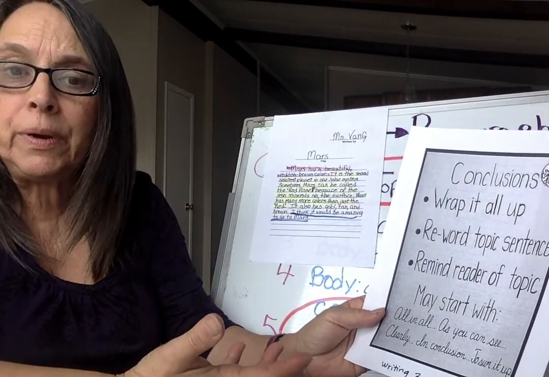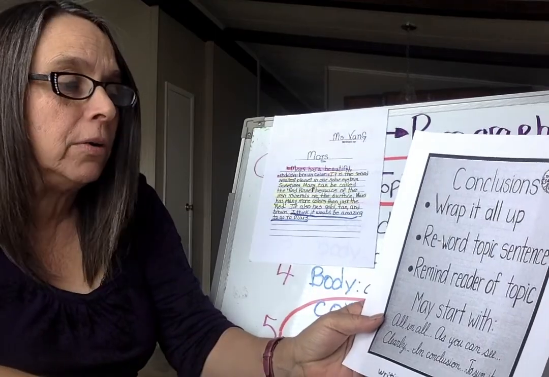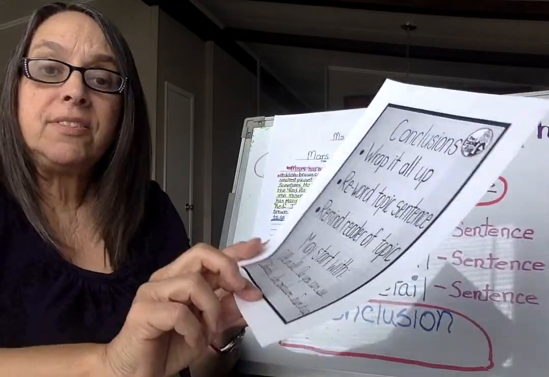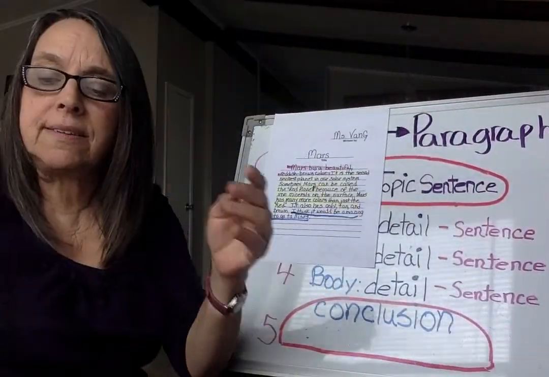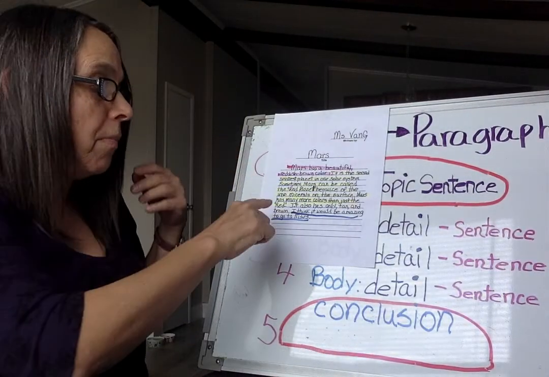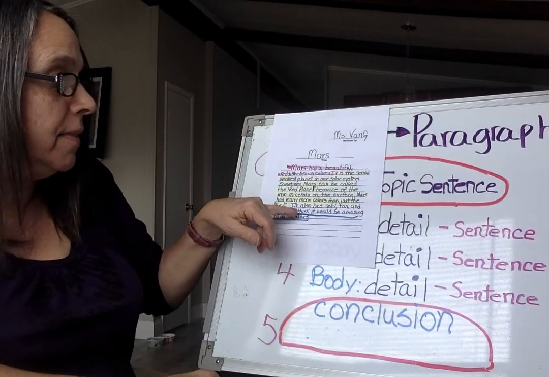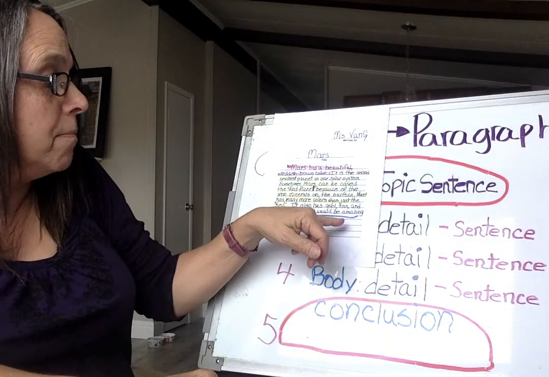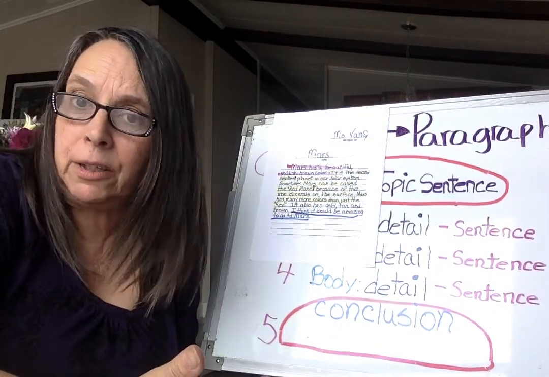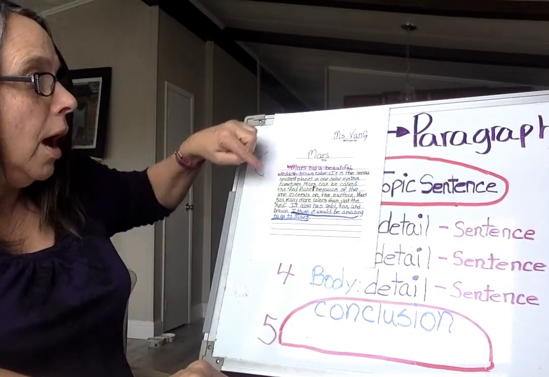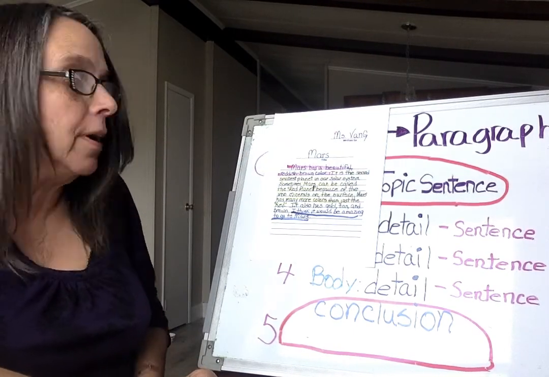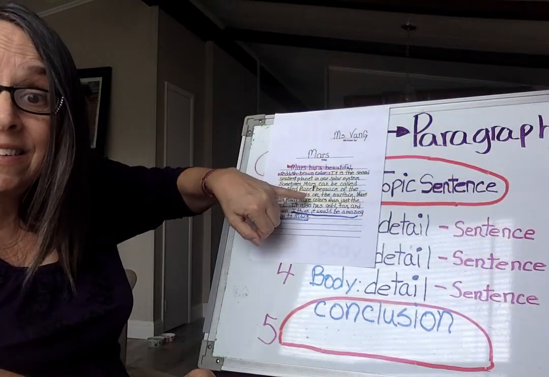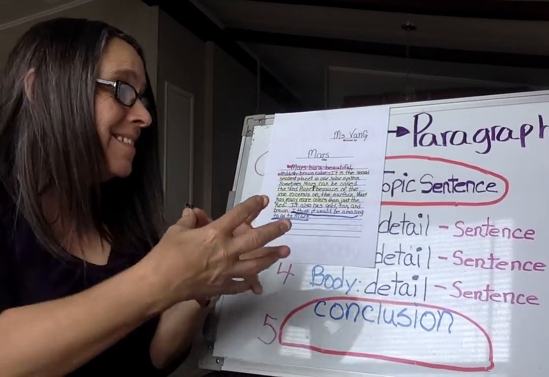It reminds the reader of the topic you're talking about. Okay? This is also in your packet to give you ideas on how to do that. So my conclusion is, I think it would be amazing to go to Mars. That's my conclusion. So I wrote the topic sentence, 3 supporting details, 3 sentences.